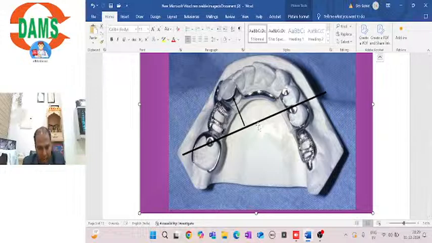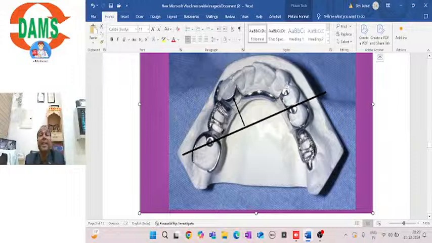So how can you say that your indirect retainer is effective? The more the distance from the fulcrum line to the indirect retainer, the more effective it will be. The minor connector carrying the indirect retainer has to be rigid. The rest has to be functioning excellently well in the rest seat.